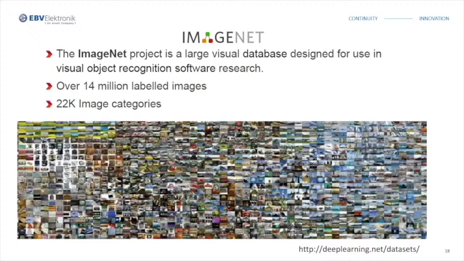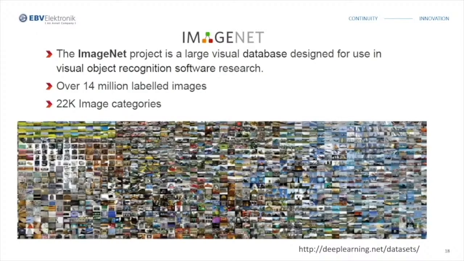The next very important, very popular, very big data set used for image processing and image classification is ImageNet. This database contains more than 14 million different images, which are hand annotated.